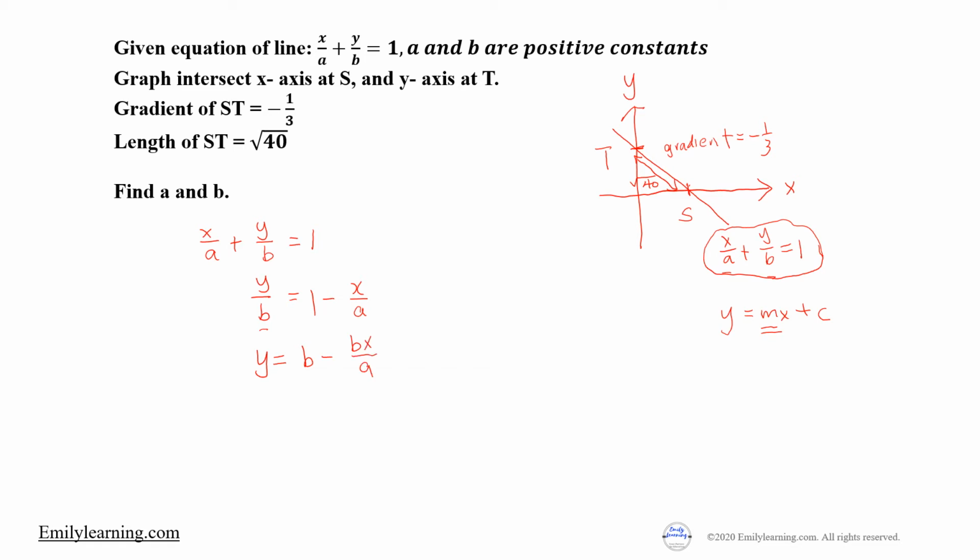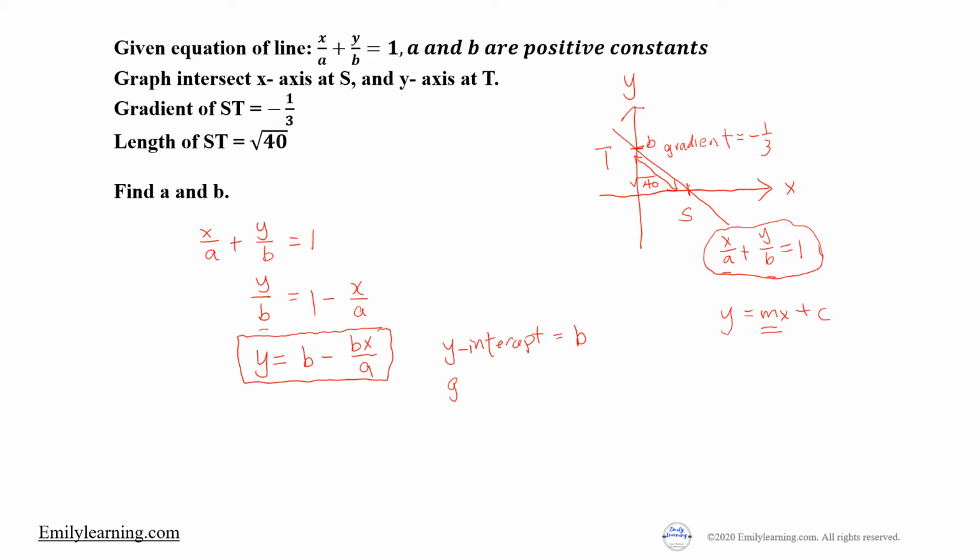Alright. So once I have this, based on this equation here, y equals to b minus bx over a, I know the y-intercept is b. Okay, so here the value is b.